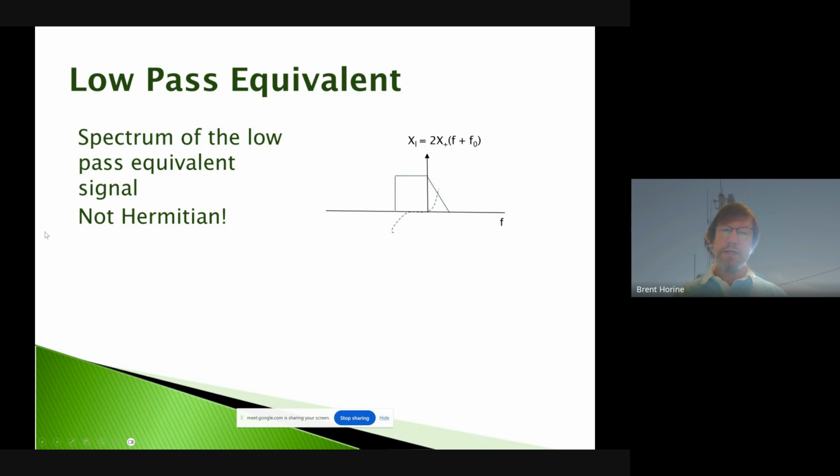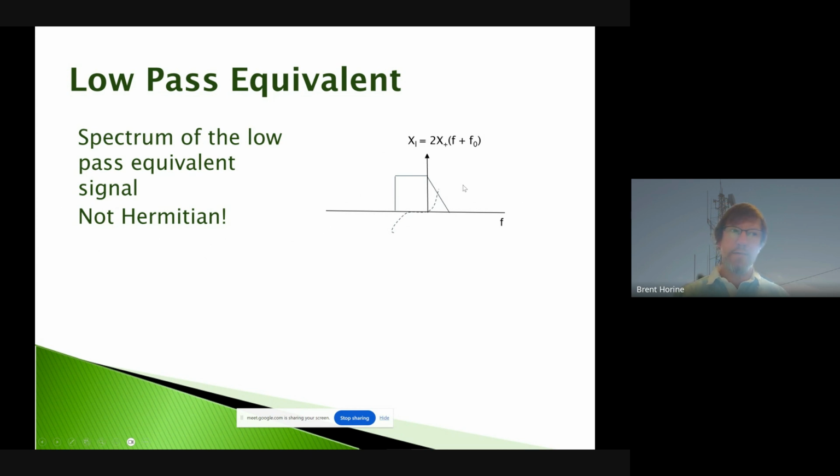Okay, so note that it's not Hermitian; it's complex, right? It's not following that rule of a real signal being Hermitian, because it's not symmetrical about the frequency axis there. So this is nice because now we can choose our sampling frequency such that it's just twice the maximum frequency in the low pass equivalent, right?